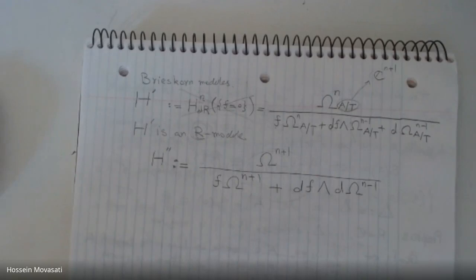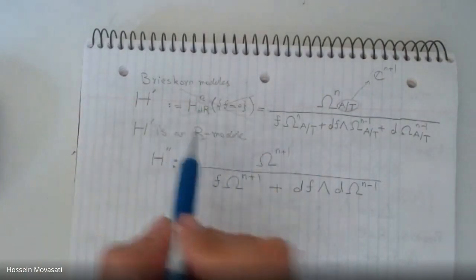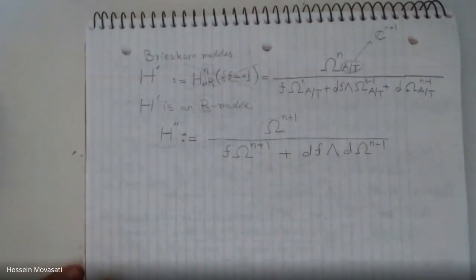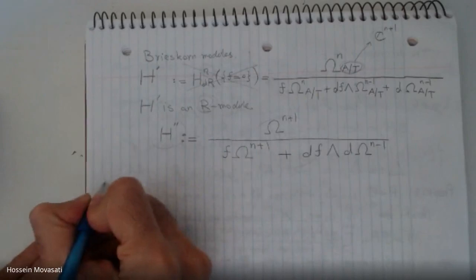I have not talked about this, but we will focus on this n, the dimension of f equal to 0. Okay, so this R module also is basically the de Rham cohomology. Maybe I introduce a map.